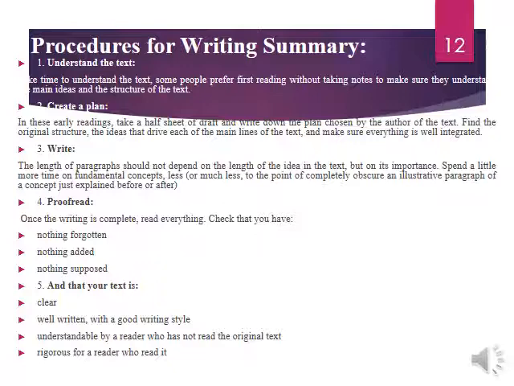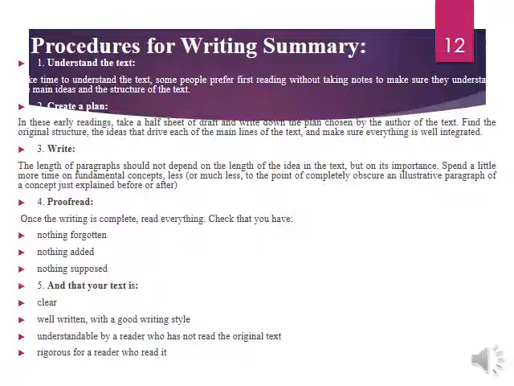Secondly, look at the plan chosen by the author of that particular text. And then thirdly, you should try to write down the most important points of that text. It doesn't mean that if you have 10 paragraphs, you are going to have 10 important points. You might have 4 or 5, depending on how the author arranged them.